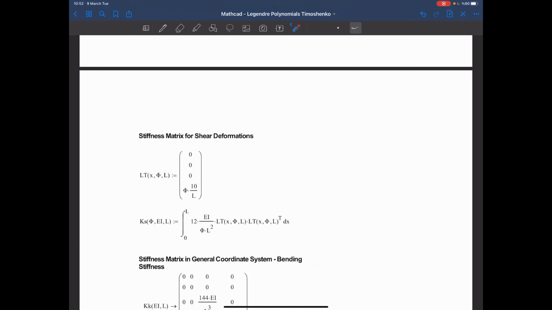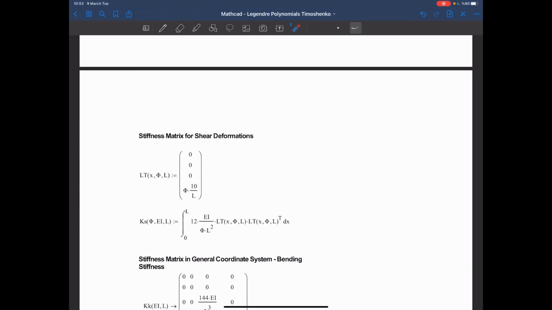So instead of GAS, I use the following so that I obtain all the equations in terms of EI. Okay, so you just obtain that by using the definition of V and write G times AS in terms of EI.